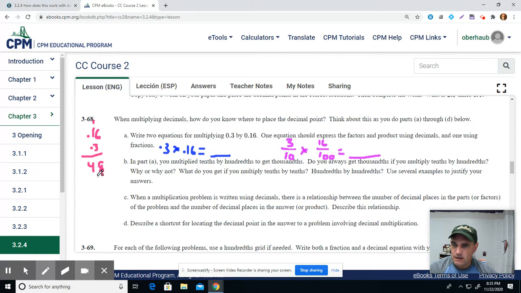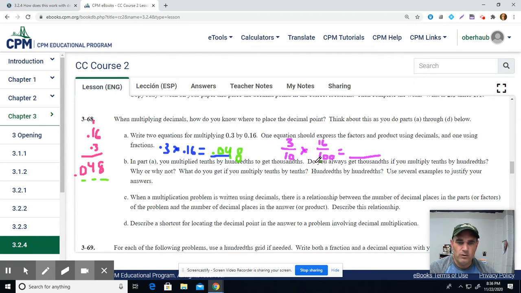So I've got to slide my decimal. I have three total decimal places, so I slide my decimal to the left 3 spots: 1, 2, and I need a 0 for a placeholder. Now notice this is 48 thousandths, because we've got tenths, hundredths, thousandths.